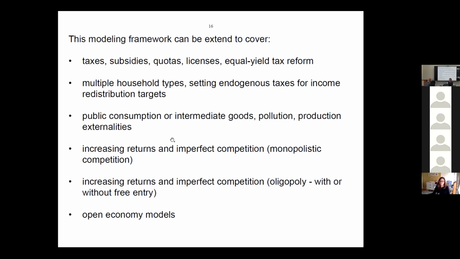You can put in taxes, subsidies, quotas, licenses. We know how to use equal yield tax reform, multiple household types, can have endogenous tax rates. I have all of these things in my model library: public consumption or intermediate goods, pollution, production externalities, increasing returns, imperfect competition, and so on.